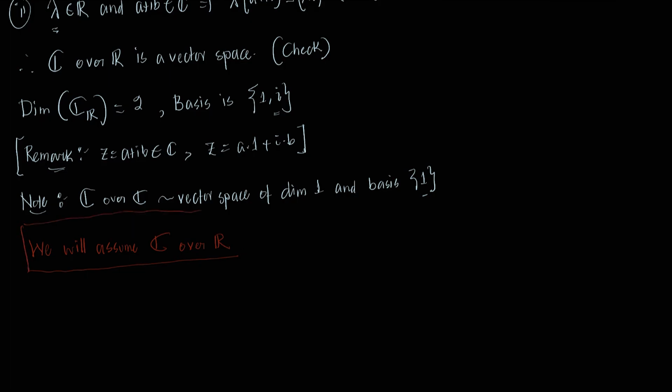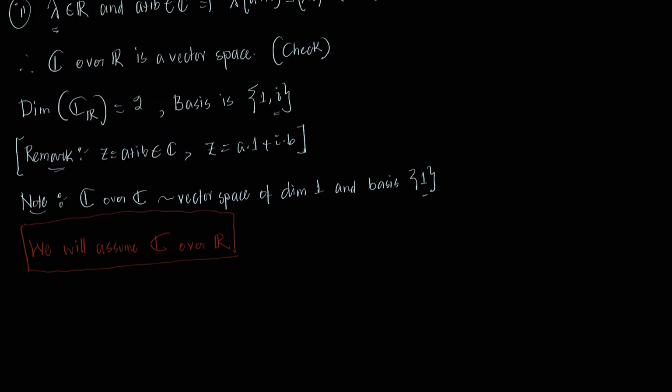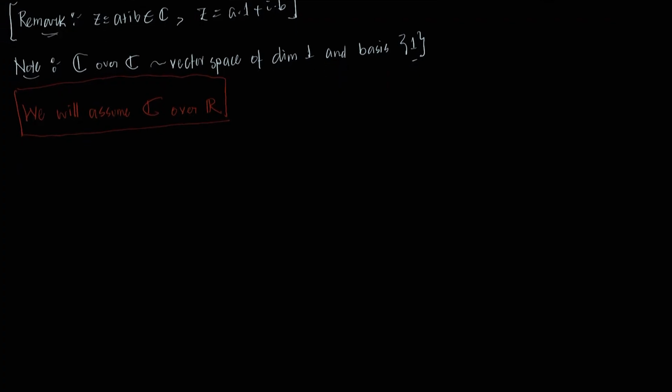This is our assumption, C over R. Clear? I will explain to you later why exactly we need this assumption. For now, we will always assume C over R. So essentially, it's a two-dimensional vector space if you think about it like that.